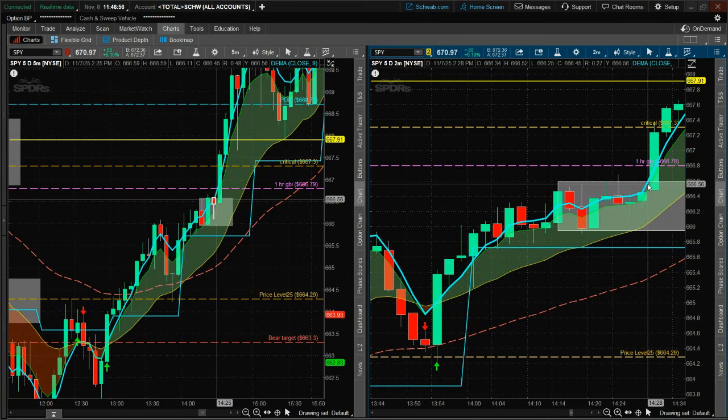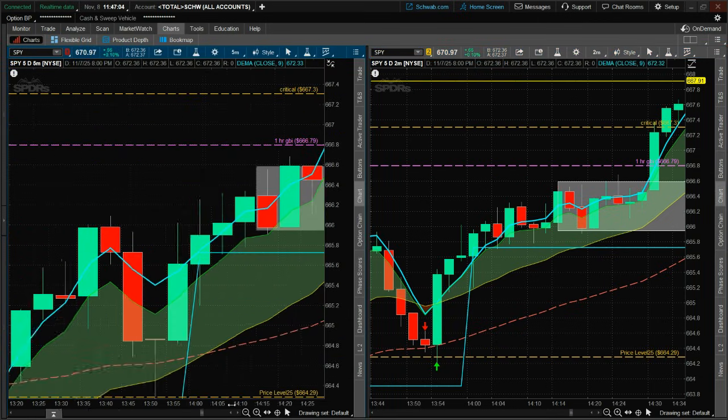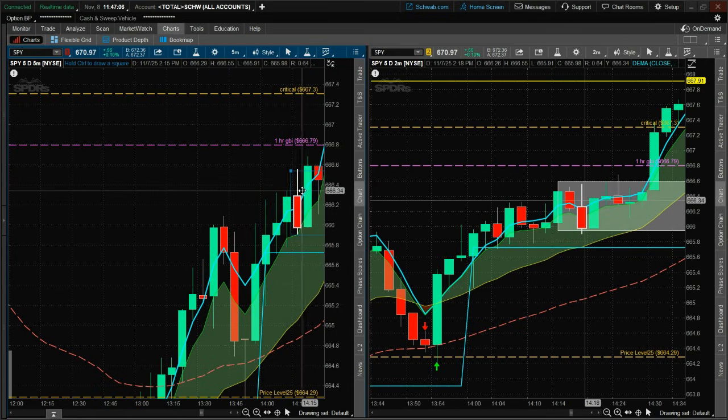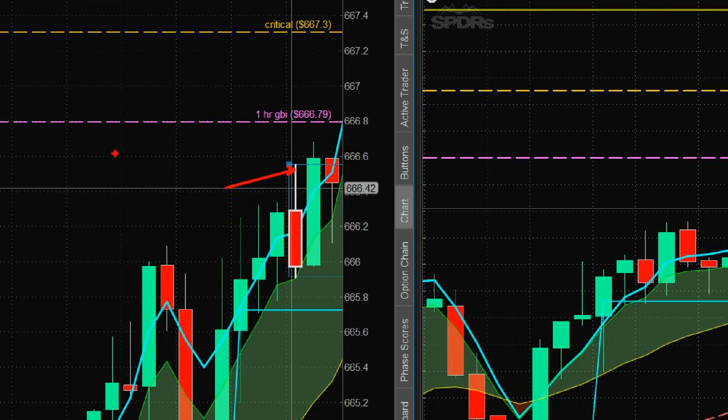If I'm hopping in, say I'm getting in, I'm watching right here. Once again, what's the red flag? The alert goes off as soon as this red candle gets ignored. As soon as this red candle gets disrespected, bam, flags are up. I'm ready to buy. I'm not going to buy immediately.